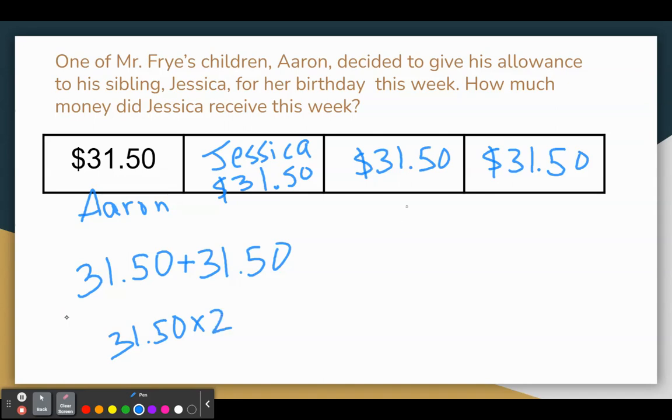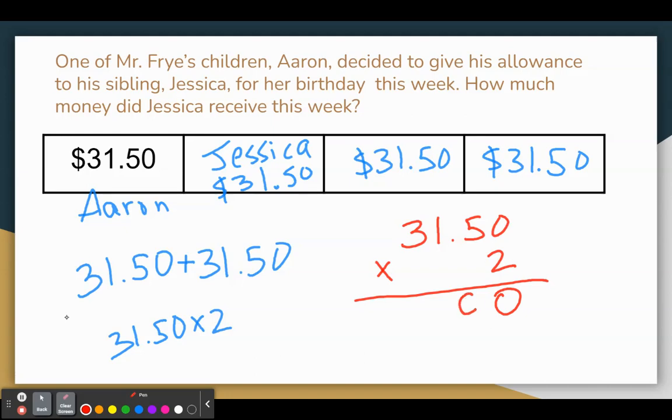So let's go ahead and multiply. I'm going to multiply because I like to do that a little better. So I'm going to take $31.50 times 2. So I'm going to use a standard algorithm. So we're going to start with our hundredths. So we have 0 times 2 is 0. 5 times 2 is 10. So I'm going to put the 0 over here, carry my 1 to my ones.